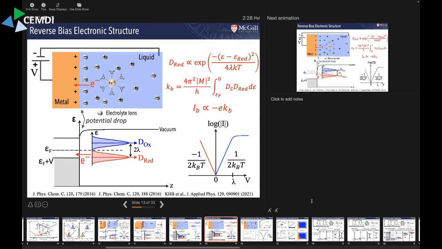Okay. Because it's surprising that you can get away with only one ion and you don't have to consider somehow the electron hopping from one ion. Yeah, I mean, at higher concentrations, that will become an issue.